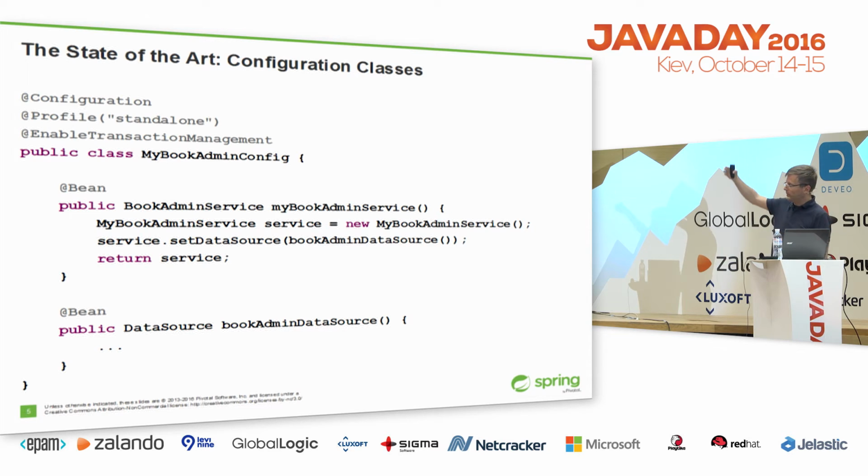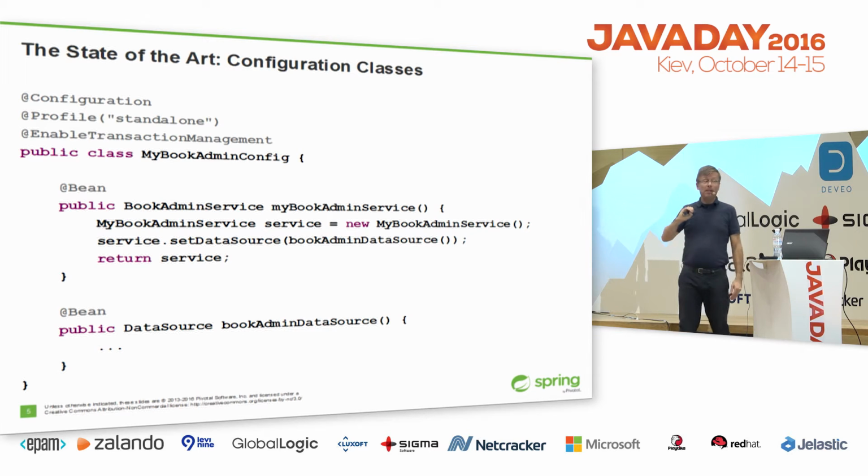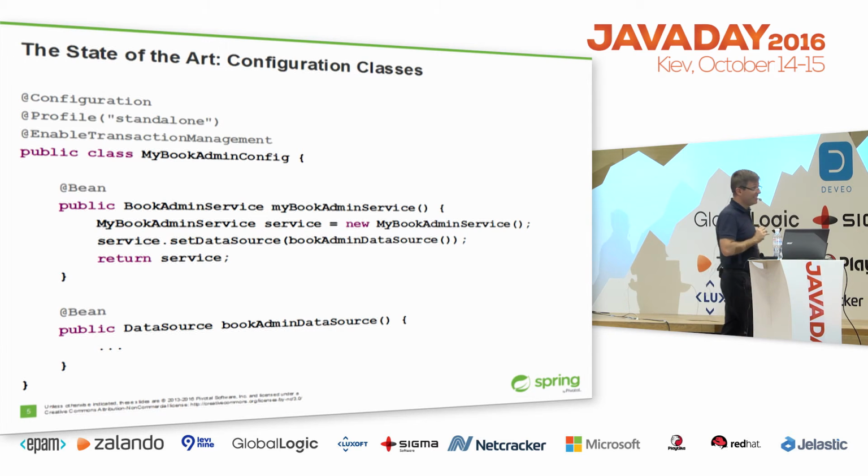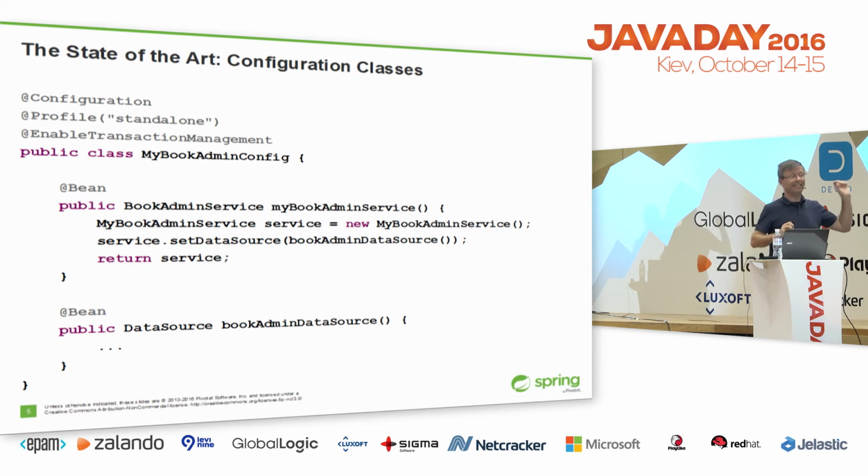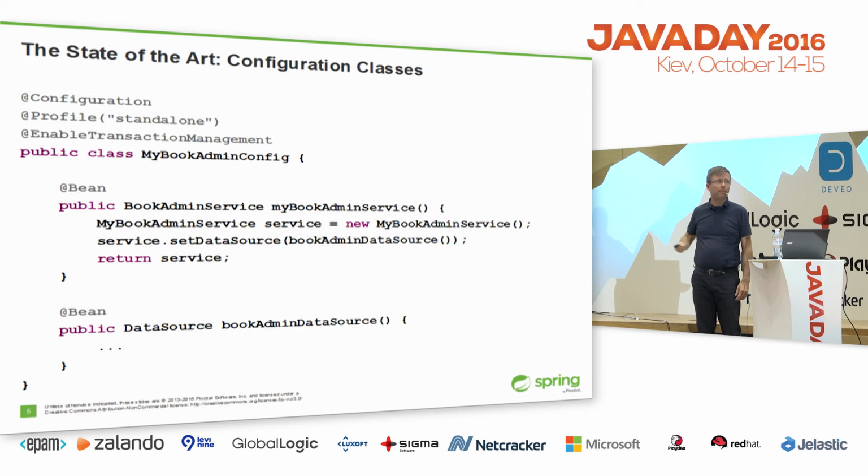So the container introspects those methods and adds another bean definition for every @Bean method found here on a configuration class, simply speaking. There is a bean definition for the configuration class itself as well. The configuration class itself is also a Spring-managed bean and has state. It can have fields, can have instance state.